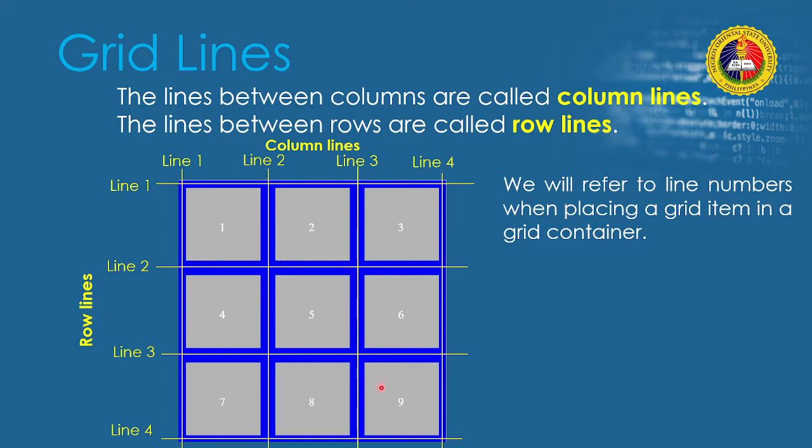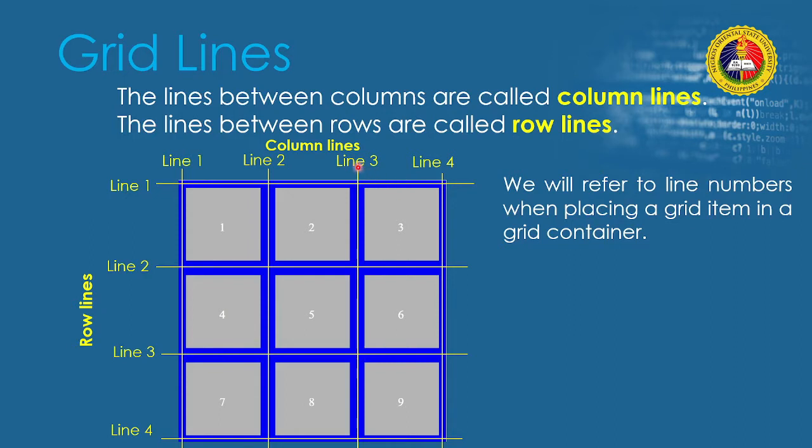Now again, what is the location of grid item number 9? Okay, line 3 for the column, and then line 3 for the row. Alright? So remember, its location is where it starts.